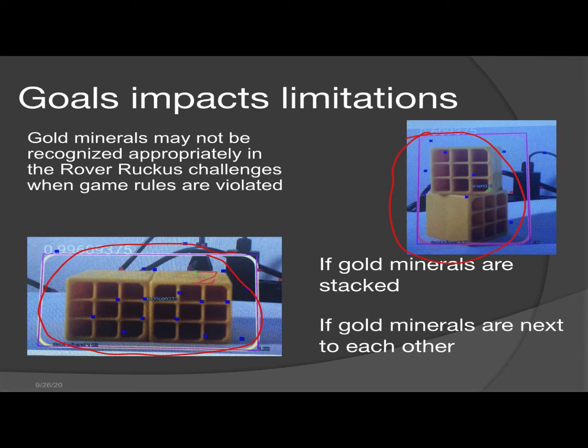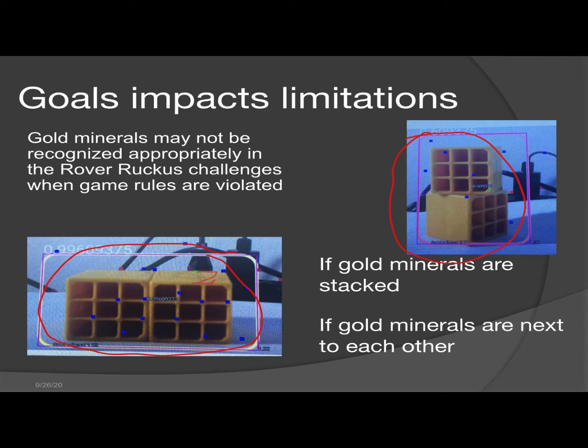Is that a problem? Well, no, because that should not occur at the beginning of a game or any place else in the game when we're doing autonomous mode. Because there's only going to be one gold mineral that we have to deal with, and they're not going to be next to each other.